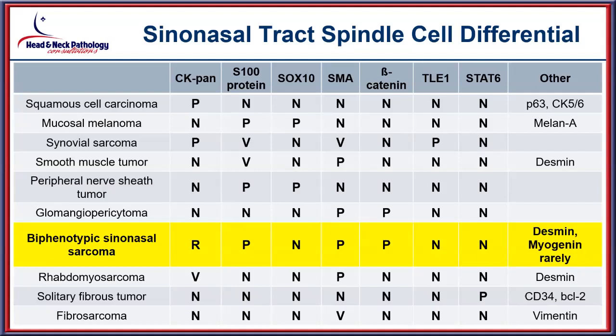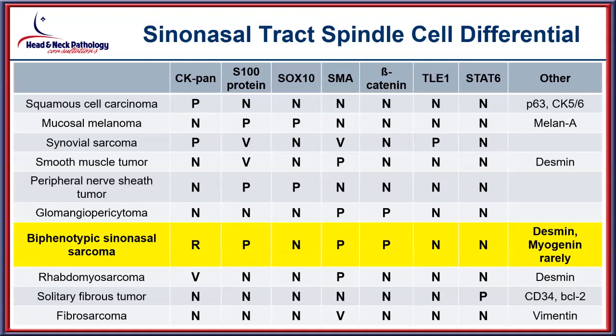But you can tell that the mucosal melanoma, synovial sarcoma, and other smooth muscle and peripheral nerve sheath tumors, glomerulopericytoma, can all be considered. And yet now, because biphenotypic sinonasal sarcoma is the diagnosis that this represents, you can see that the S100 and the smooth muscle actin, both being positive in this case, along with a beta-catenin, is really the only tumor category that fits in this example, with focal desmin or myogenin reactivity seen when they have rhabdomyoblastic differentiation.